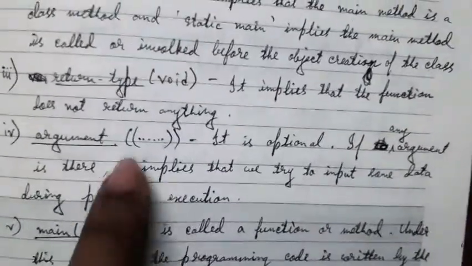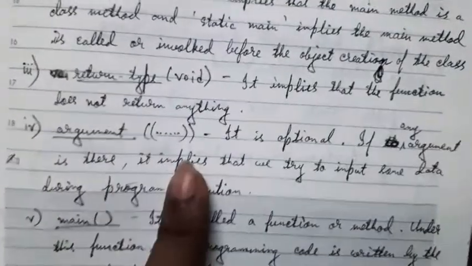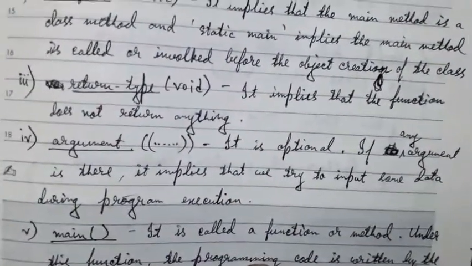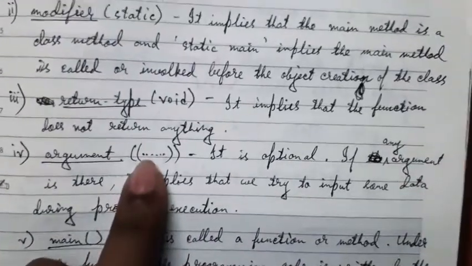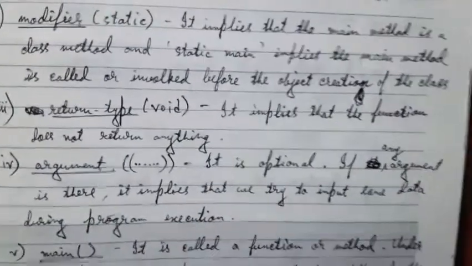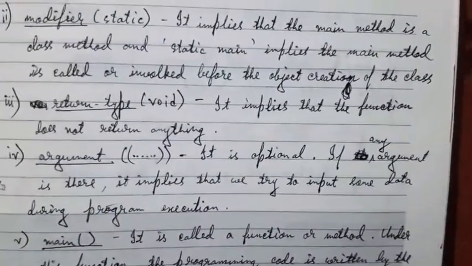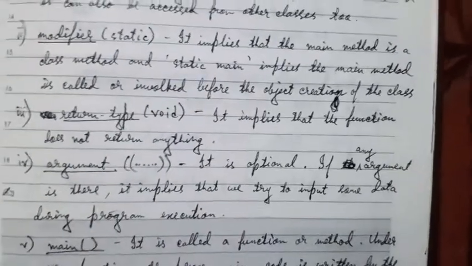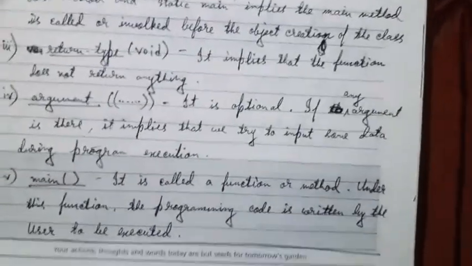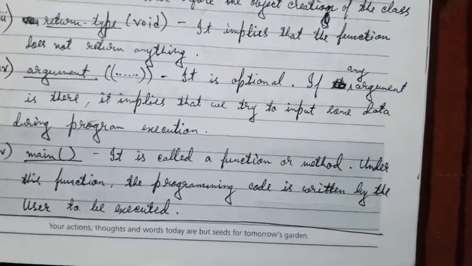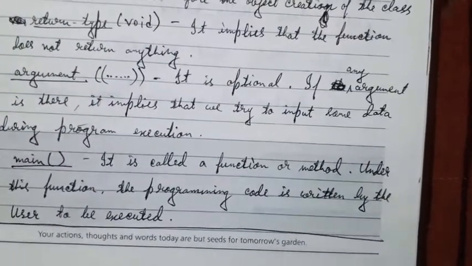Here we have to write, suppose we want to input two integer numbers, int a, int b. It actually takes input from the user, and if we don't give anything, it will not take any input. Then is the main. It is a function or method. Under this function, the programming code is written by the user to be executed.